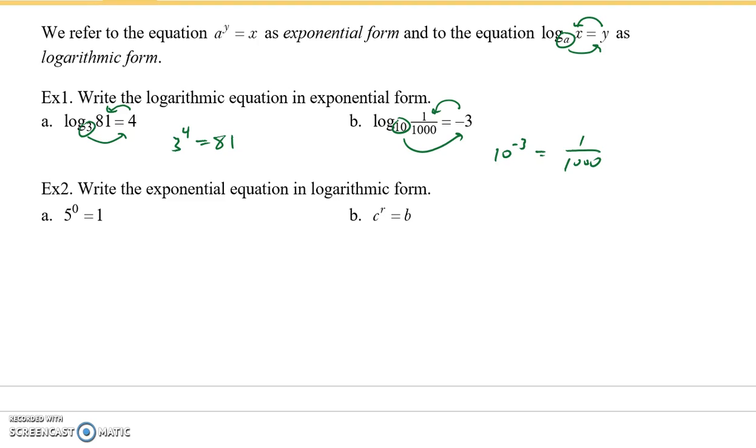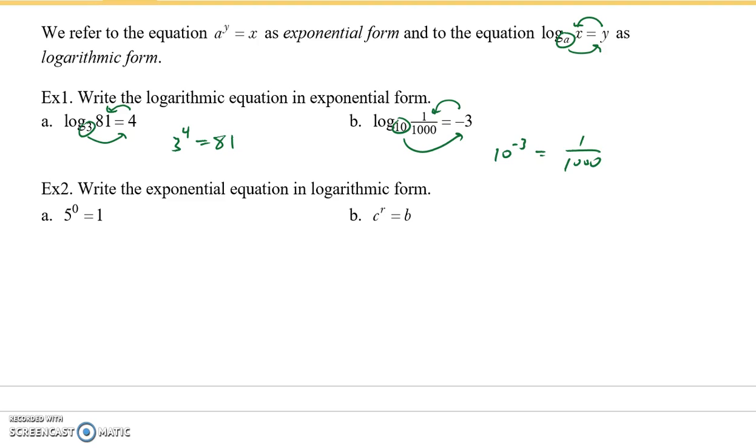So when we write it in exponential form, we should obtain an equation. If all of the values are known, we should obtain an equation that is fairly obviously true, at least if we're dealing with kind of a simple situation like we're showing in example 1.